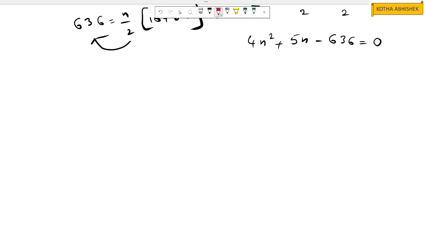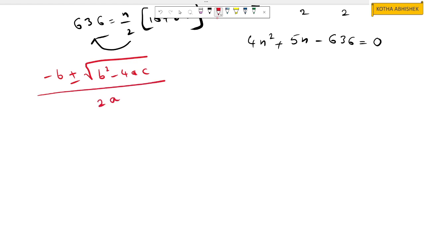The formula is minus b plus or minus under root b square minus 4ac, whole divided by 2a. Now let us check what a, b and c are. The n square coefficient is a, the n coefficient is b, and the constant is c.